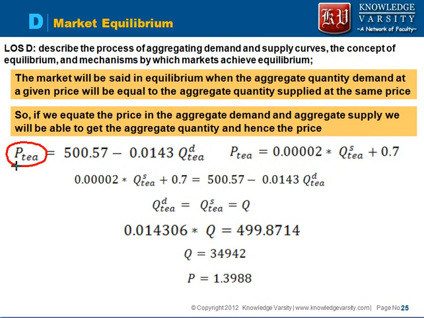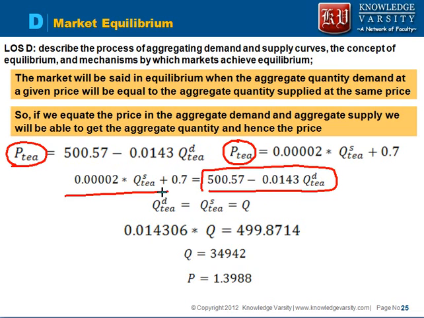Now the price of T is the same in both, so we can equate these two equations. When we are equating, we are saying that 500.57 is equal to this.